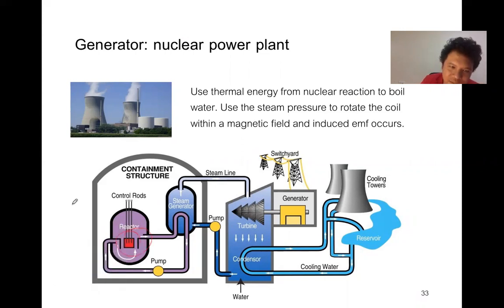The reactor follows delta E equals delta m c squared: some mass disappears and changes into energy, according to Einstein's relation.